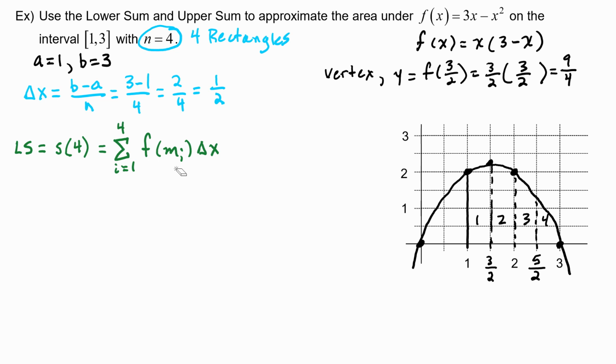And remember, we are choosing the m sub i, which are x values, so that we get inscribed rectangles because it's the lower sum. So now what we have to do is add up the areas of the 4 inscribed rectangles. So we will have region 1, region 2, region 3, and region 4.